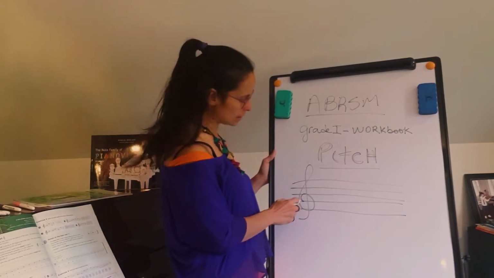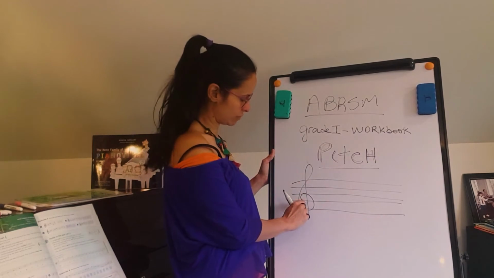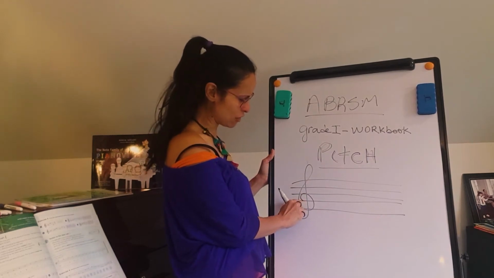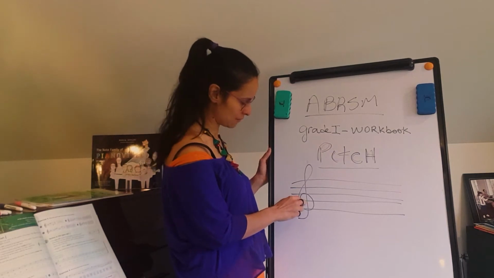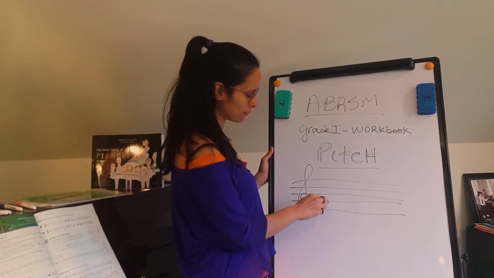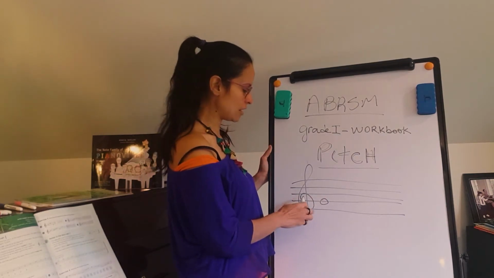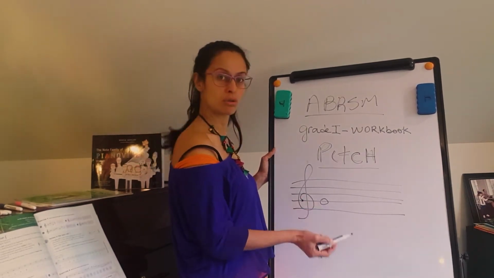Some books you will see that it goes over like that on the 2nd line. The very right way to write it is starting on the 2nd line. And the note on the 2nd line is G. So G clef, and the note on the 2nd line where you should start writing your treble clef is called G.